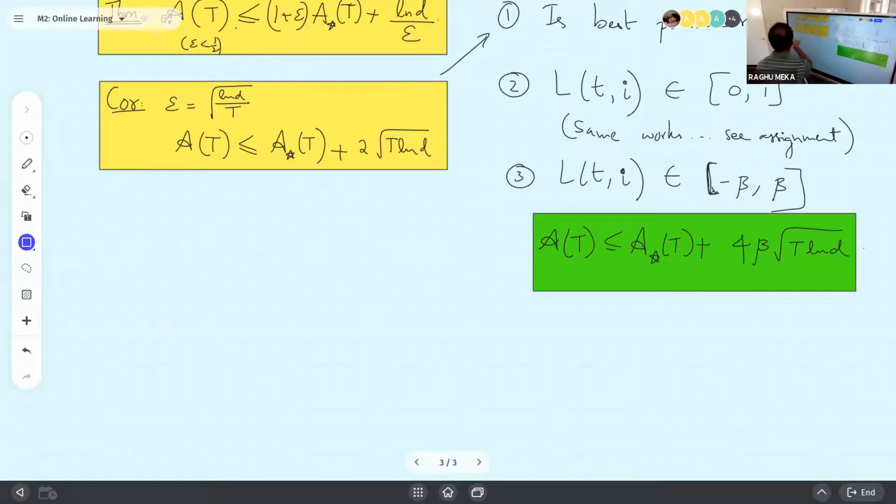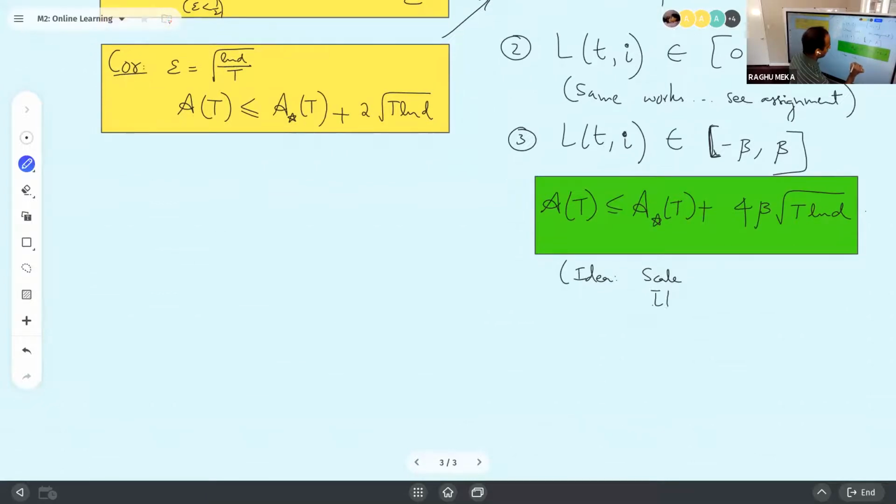So, the idea: scale, so define L bar of t comma i to be, let's say, okay, so if I define these new theoretical losses, then these are things in 0, 1, and I run multiplicative weights with these theoretical losses and then check my performance in the end.